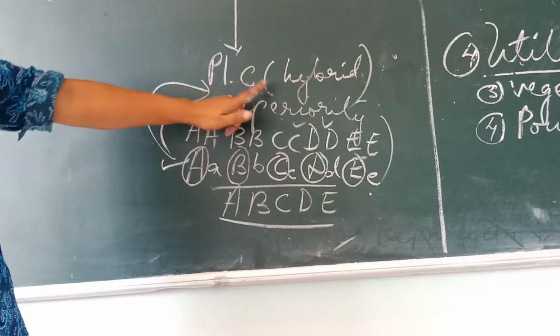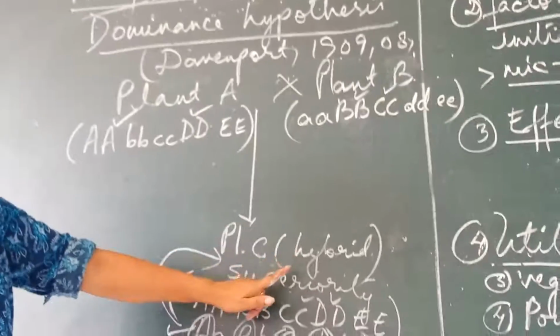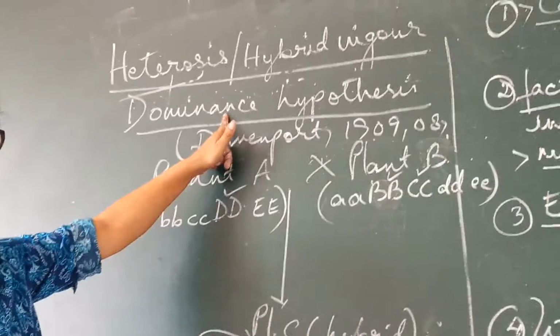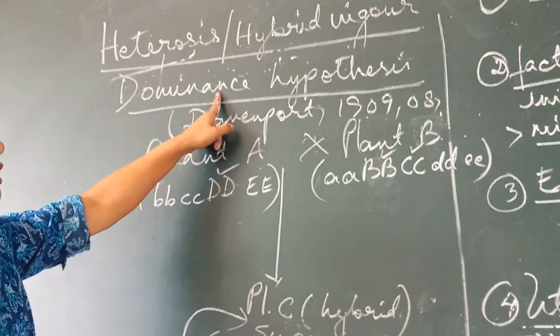He said that the hybrid is superior to either parent A or parent B. Why? Because of the dominant genes.